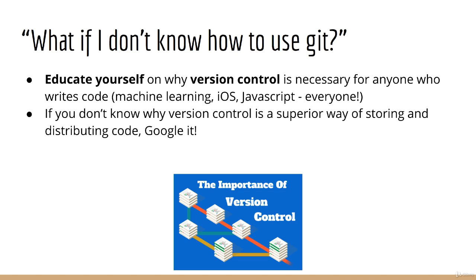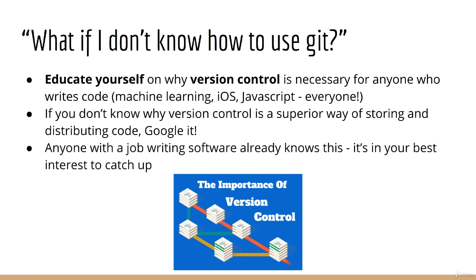Since I'm not here to teach you the basics of how to use a computer, you will have to take responsibility to make sure that you can install and use Git. And guys, remember, using Git is not some crazy new thing. Anyone with a job doing software development already knows how to use Git. It would be in your best interest to ensure that you have this basic skill.